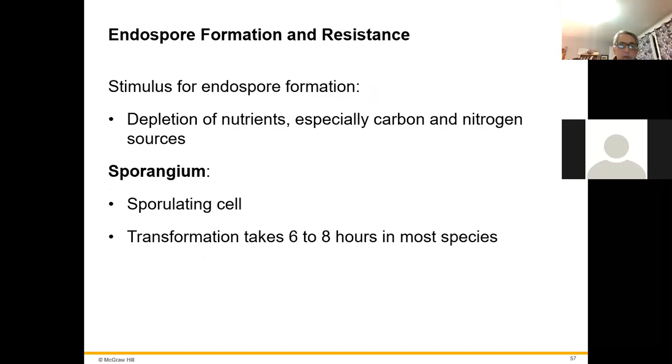Endospore formation starts when there's a depletion of nutrients in the environment, especially carbon and nitrogen. When they reach a favorable environment, the sporangium will start sporulating and give rise to new cells. This takes about 6 to 8 hours, and you'll have actively growing cells again.